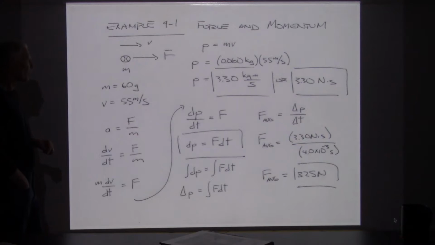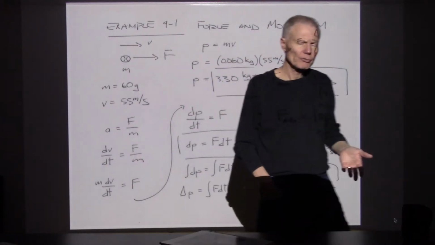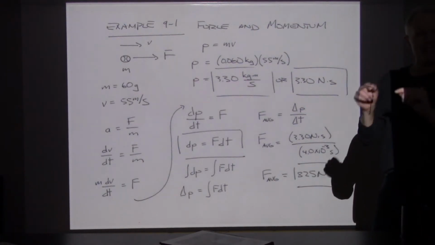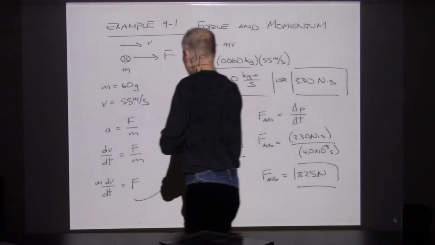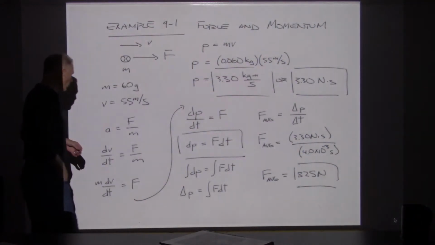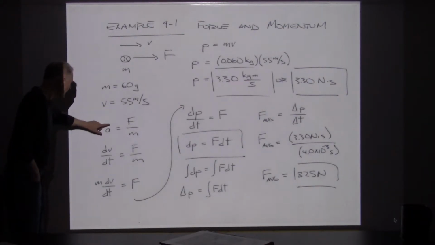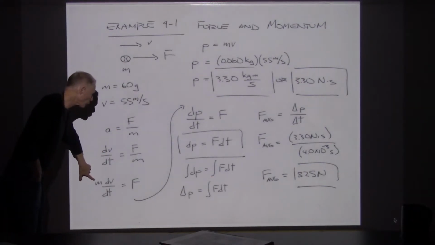Now, what they wanted to find out was with how much force did the tennis racket hit the tennis ball? What kind of a force did the tennis ball experience from this? What we had done on some earlier slides, so I can go through this quickly, is acceleration is force over mass. I can substitute in dv/dt, bring the m over.